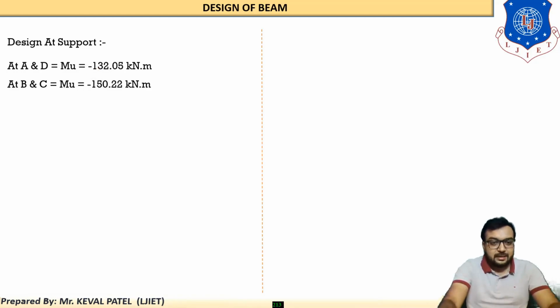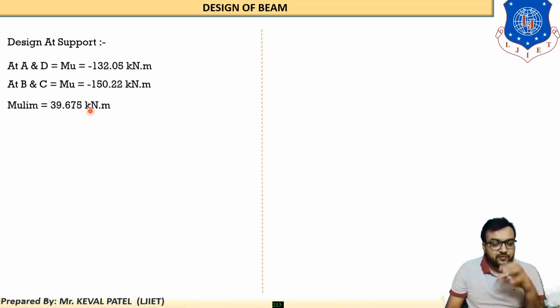Students, let us start. Our value of Mu limit is 39.675. Our first step is to find out whether it is designed as a singly reinforced or doubly reinforced beam. You can see clearly that our value of Mu is far greater than Mu limit.